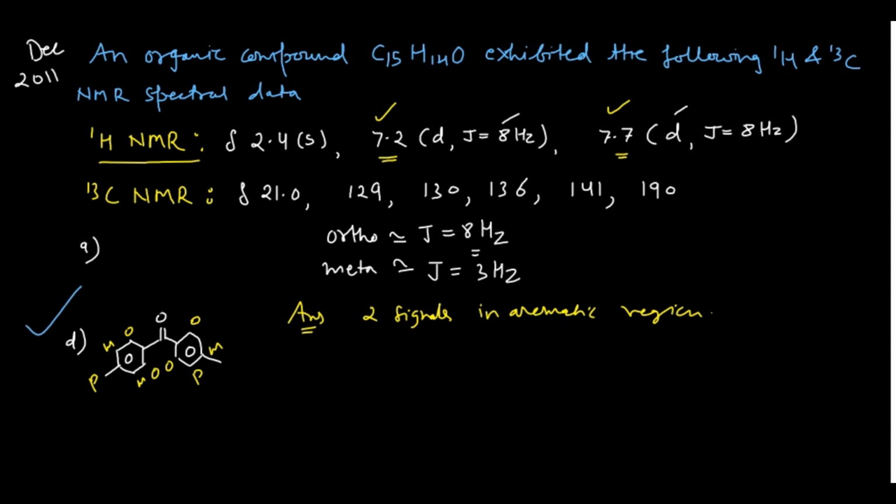And why I am saying it is the correct one, see, this is ortho, so these two hydrogens can couple and the coupling constant is 8 Hertz. This meta position is not having any kind of hydrogen, so there is no meta coupling. Okay, however para hydrogen, see, I have made a mistake here, this is the substitution, ortho, meta, right, this is the ortho, sorry, I made a mistake here.